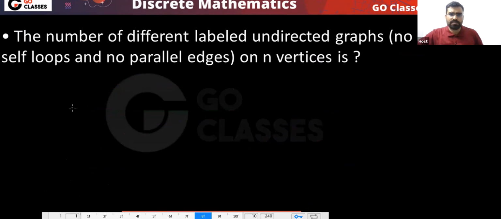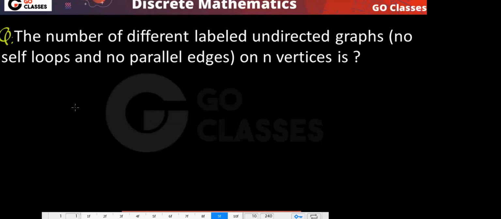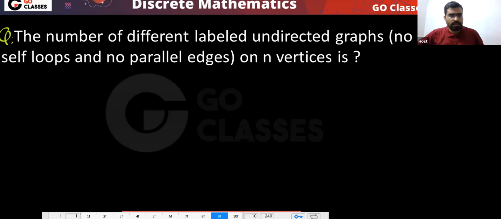Now let's solve this question. Tell me the answer for this. Try this question. What will be the answer? The question is asking how many different labeled undirected graphs you have.